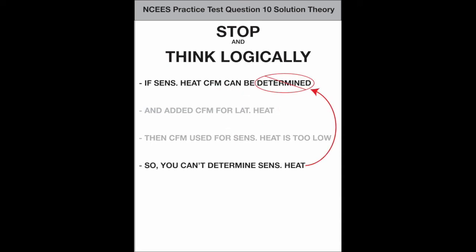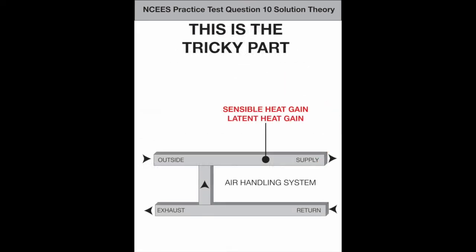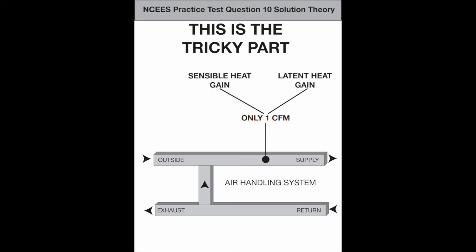So, you can't determine the CFM required for the sensible heat gain after all. This is the tricky part of question 10. Knowing that there can be two types of heat gain in one airstream, and that doesn't change the one airstream's CFM, solving for one type of heat gain means that's the CFM for the other type of heat gain.